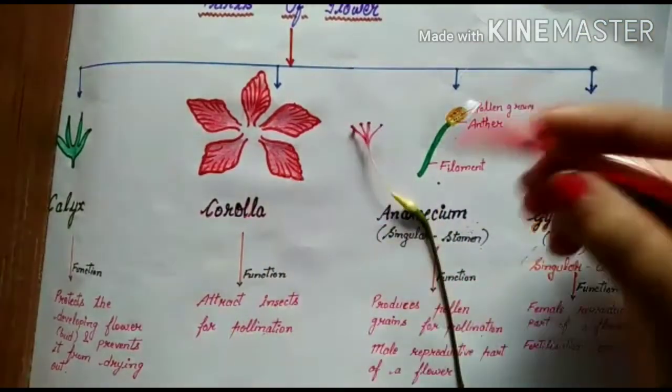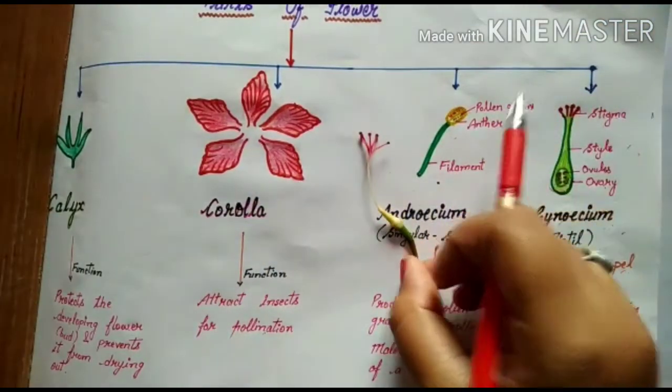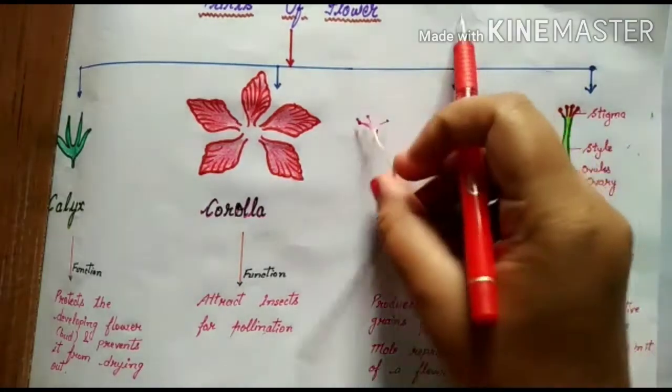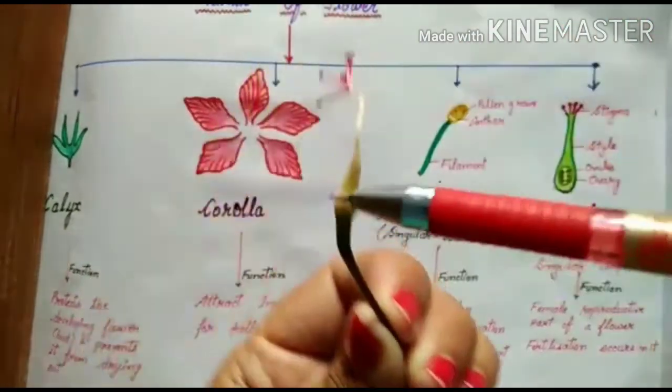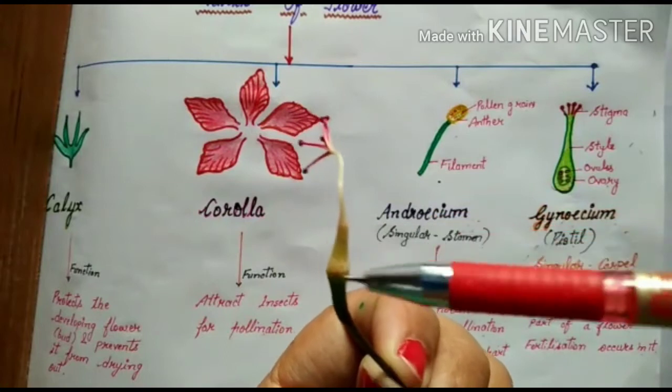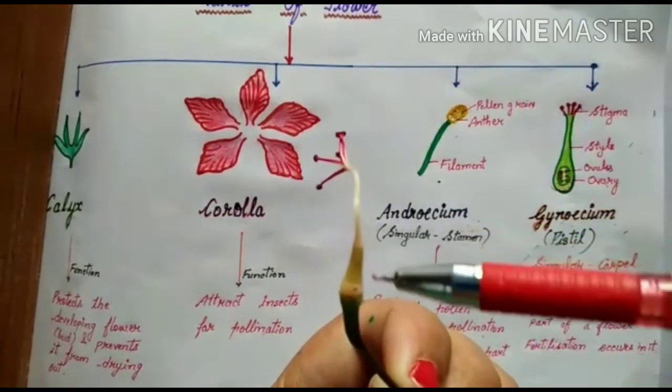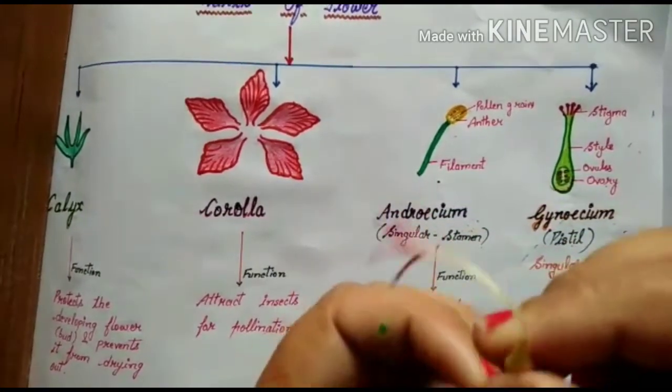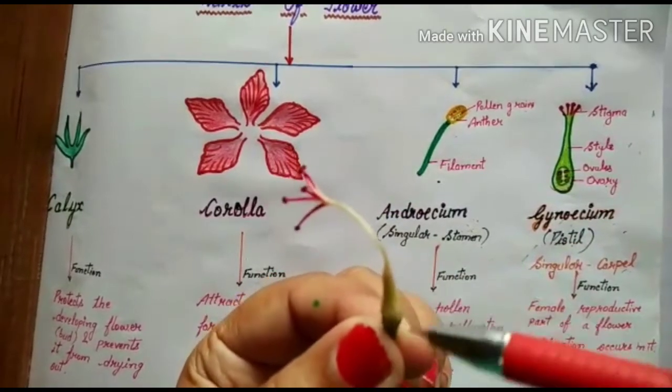You can see the structure of gynoecium in this part of the China rose. The swollen part, which is the lowermost part, is known as ovary.